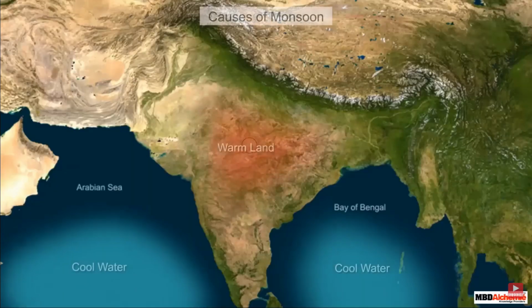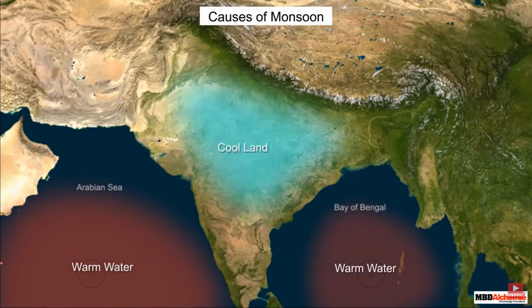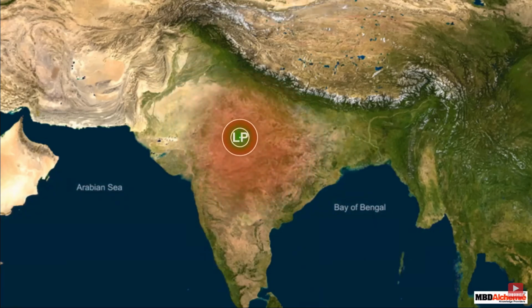Let us discuss the causes of this seasonal reversal of wind from sea to land and land to sea. The main cause is the differential heating and cooling of land and its surrounding water bodies, that is, seas and oceans. During summer, land is hotter and thus low pressure develops over interior parts of the large Indian landmass.